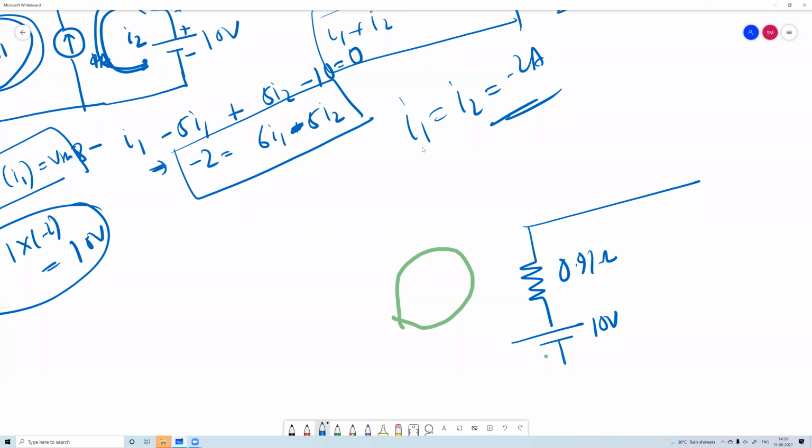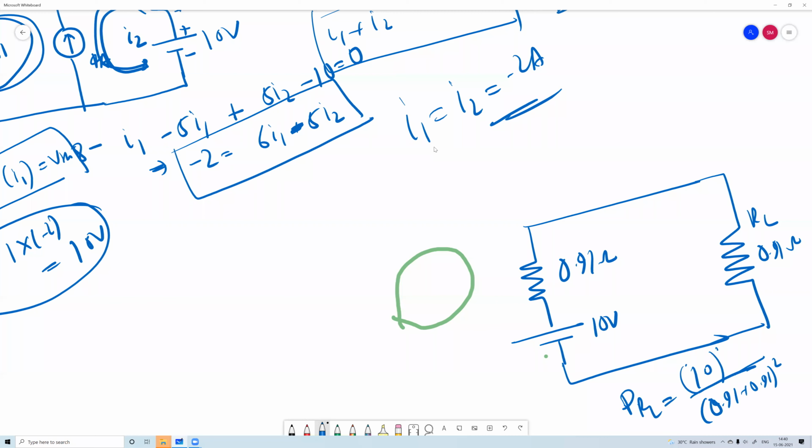Now PRL would be 10 by 0.91 into 0.91 squared, that is 10 squared into 0.91, whatever it is coming. 5.49.